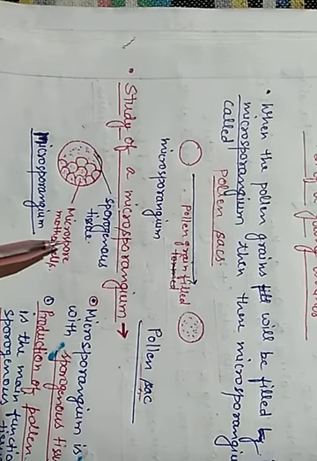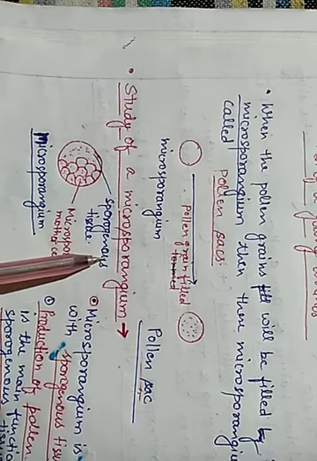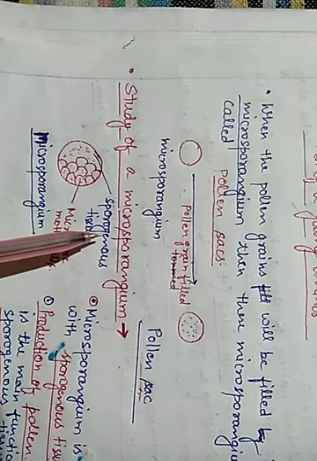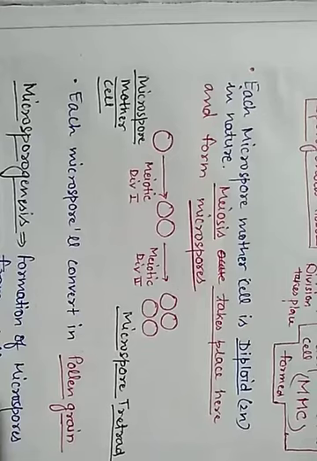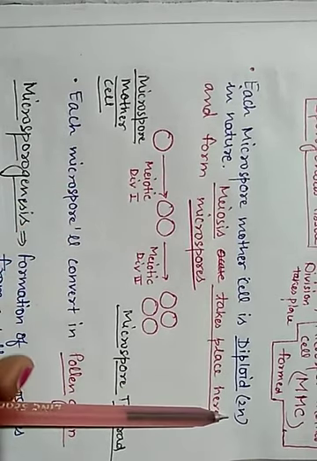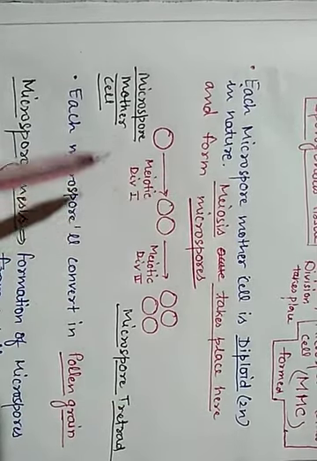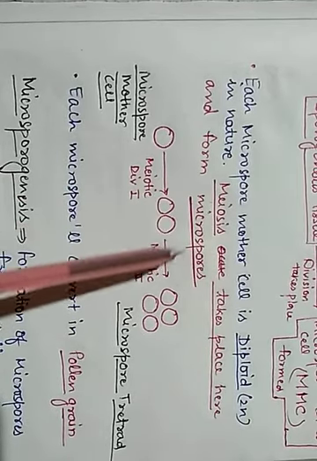After multiple divisions in sporogenous tissues, they form microspore mother cells. Each microspore mother cell is diploid, meaning 2n in nature. After meiosis, it is going to form the microspores.